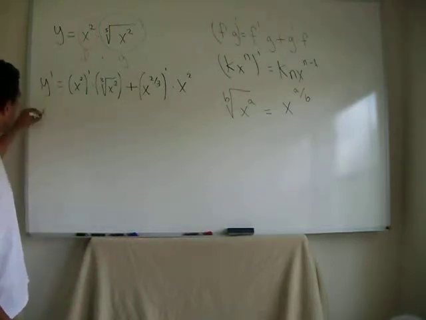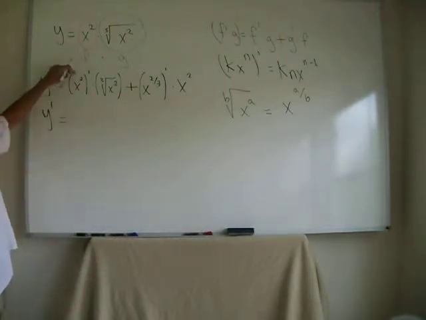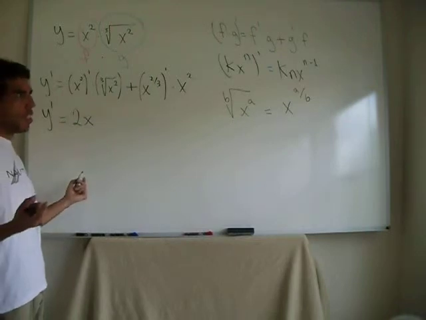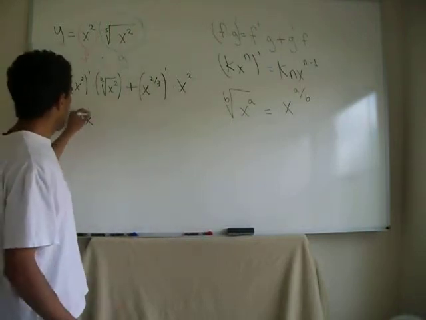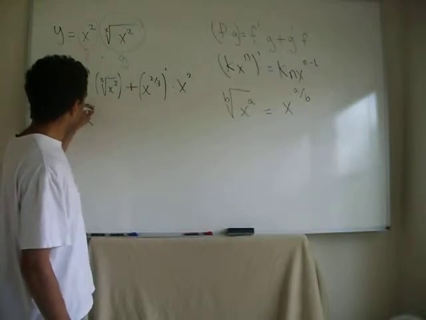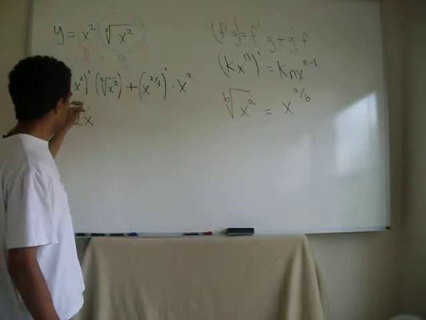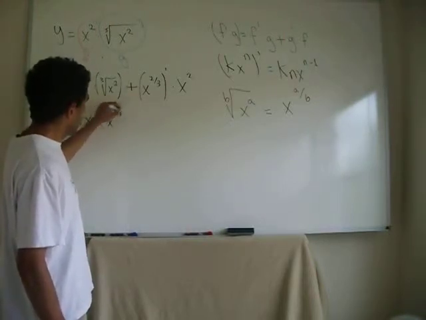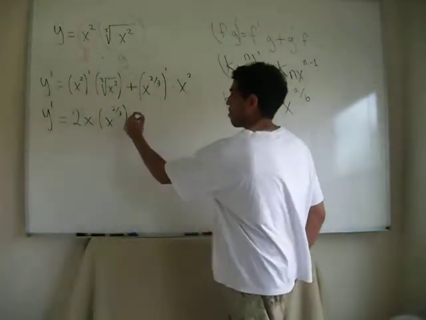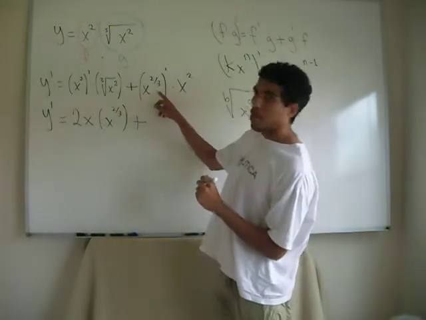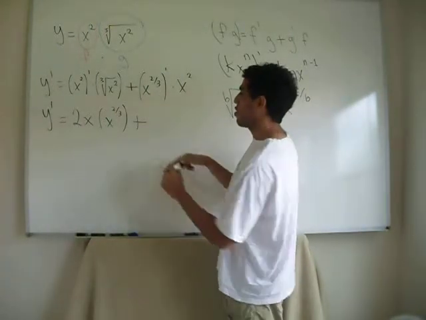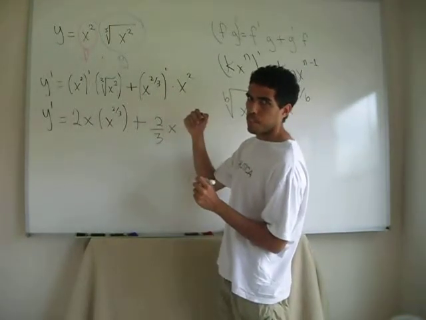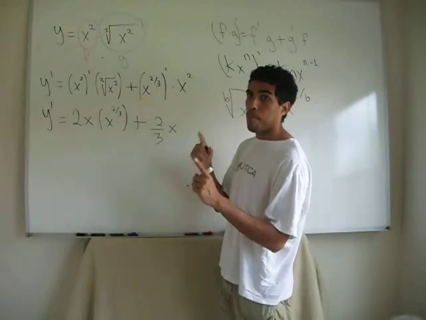So y prime is the derivative of x squared is 2x. 2 goes down, 2 minus 1 is 1. x power to 1 is x. Times, let's keep this method, okay? x to the 2/3, plus derivative of x power to 2/3. 2/3 goes down, x, and then we have 2/3 minus 1. 2/3 minus 1 is 2/3 minus 3/3.